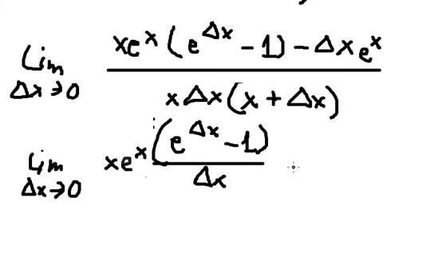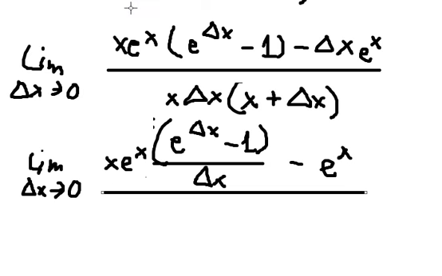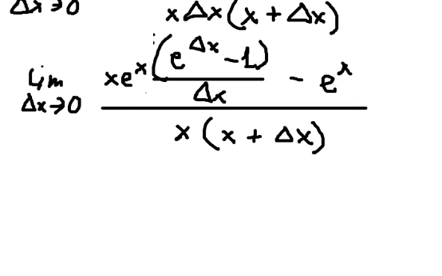Delta s divided by delta s, and now we just have e to the power of s. Now we have the formula in here.